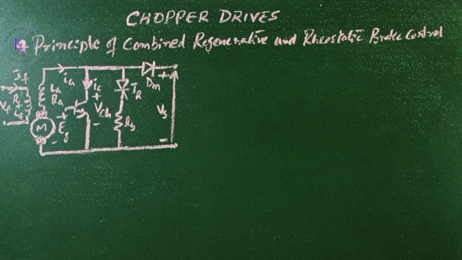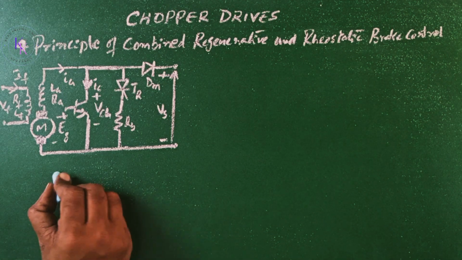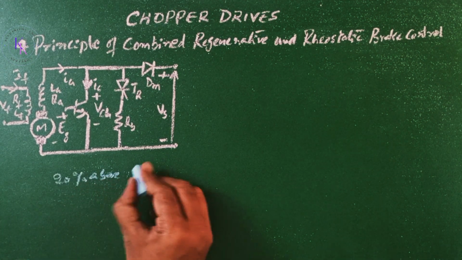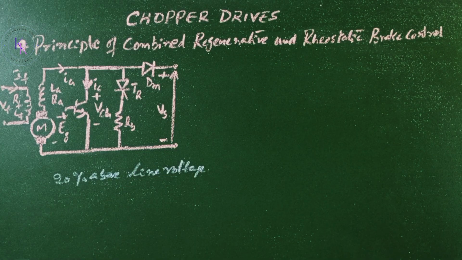During regenerative braking, the line voltage is sensed continuously. If it exceeds a certain preset value, normally 20% above line voltage, the regenerative braking is removed and rheostatic braking is applied. It allows an almost instantaneous transfer from regenerative to rheostatic braking if the line becomes non-receptive, even momentarily.